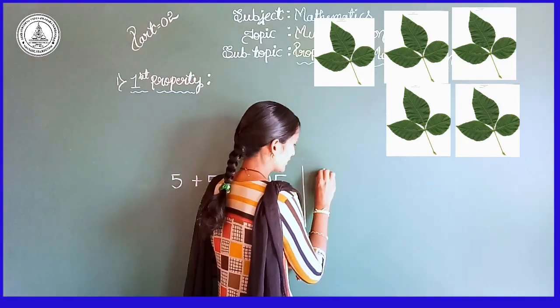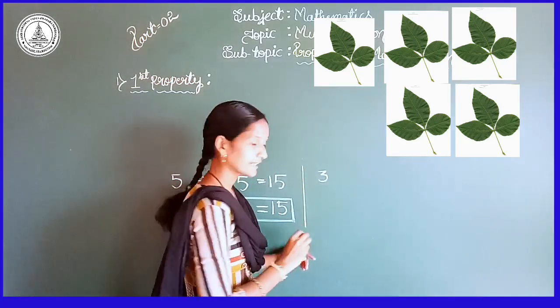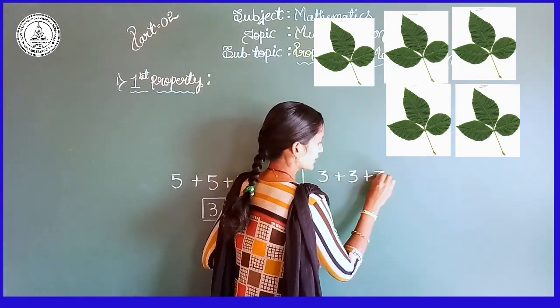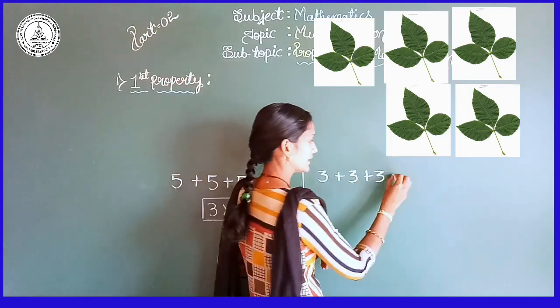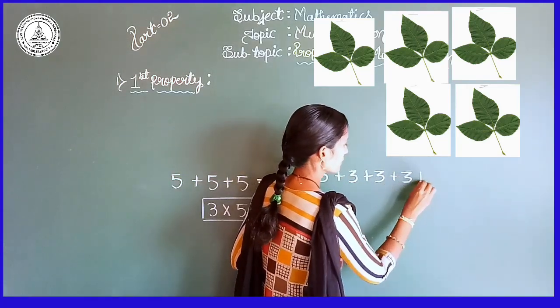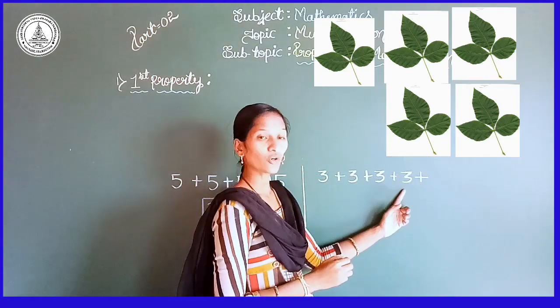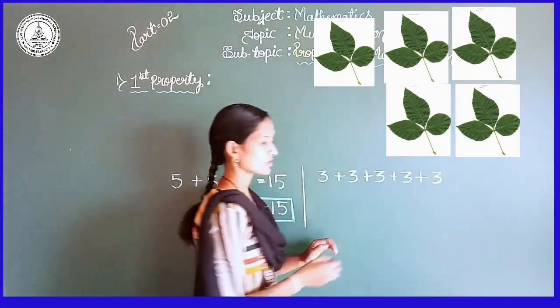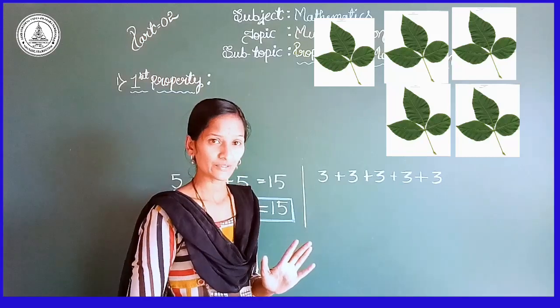In the first twig the number of leaves is 3. In the second one also 3. The third twig has 3 leaves, and the fourth one also has 3 leaves, and the last one also has 3 leaves, right?